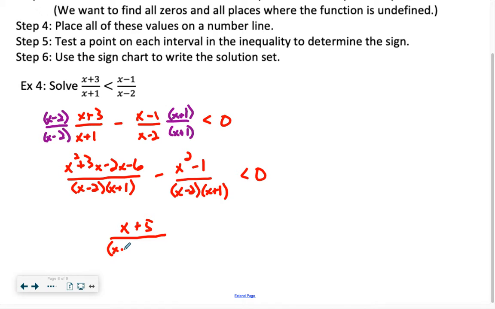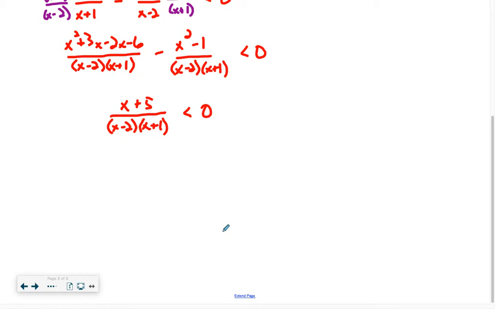And then my denominator, which I left factored, was x minus 2 times x plus 1. So now, again, we want to take both the numerator and denominator and set them equal to 0. That'll get me all of my test points that I need on my number line, my sign chart.